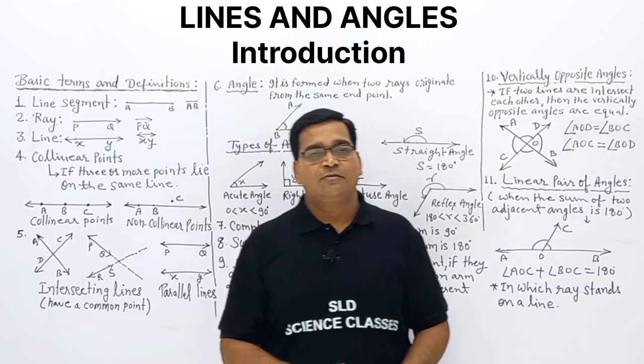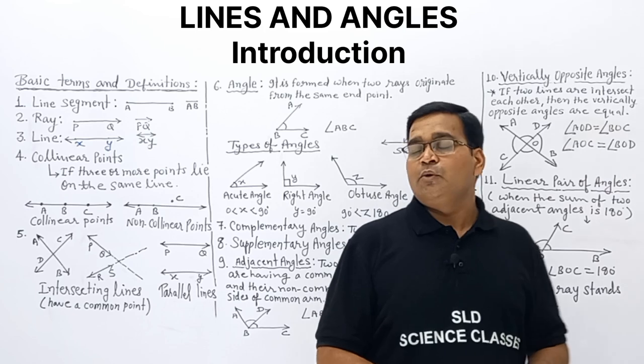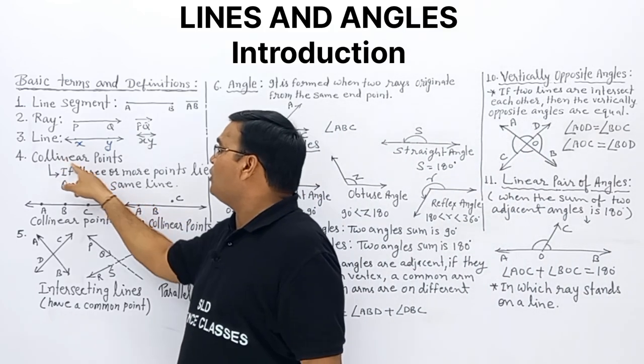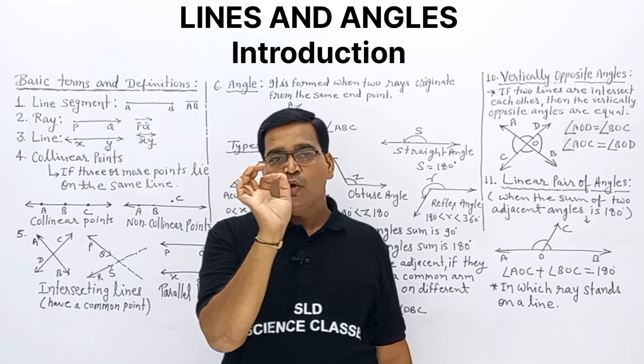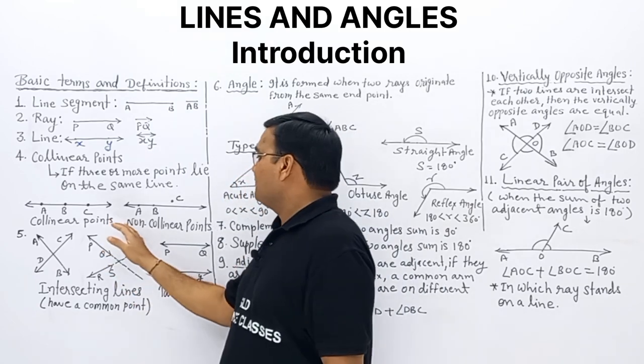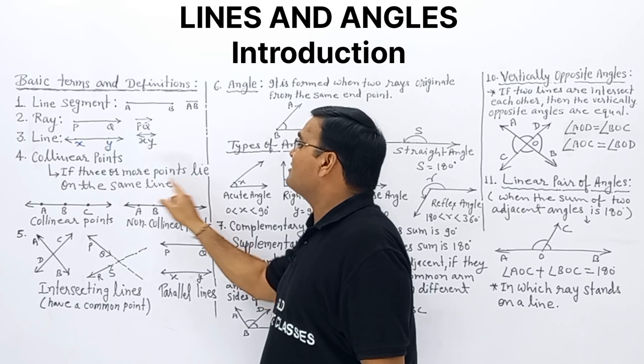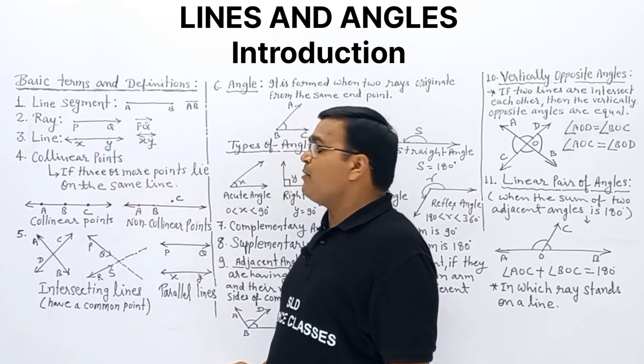Now after these, the next point is collinear points. Observe, collinear and non-collinear. What if three or more points lie on the same line?